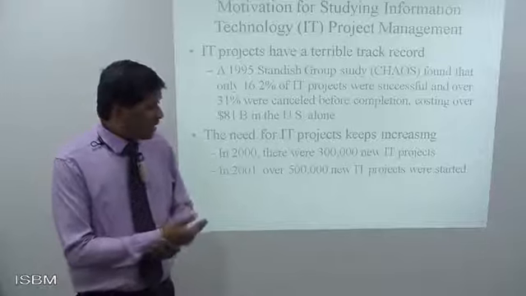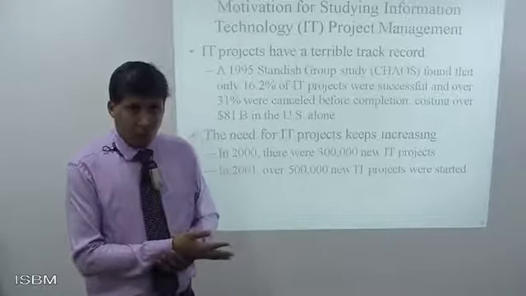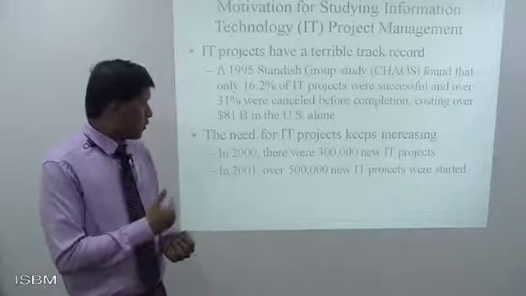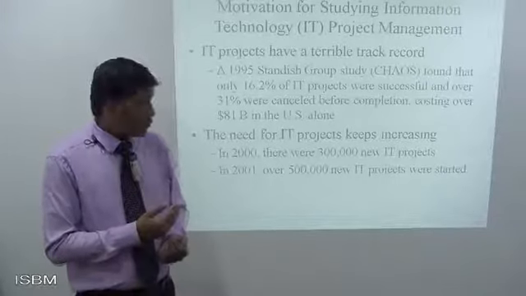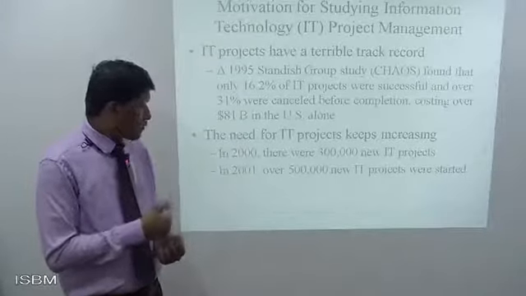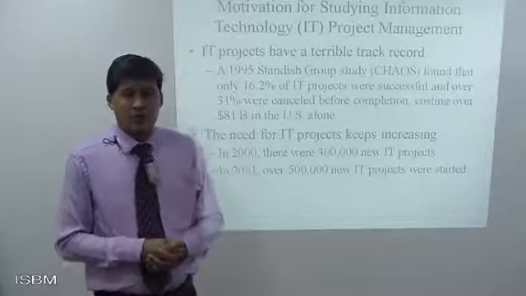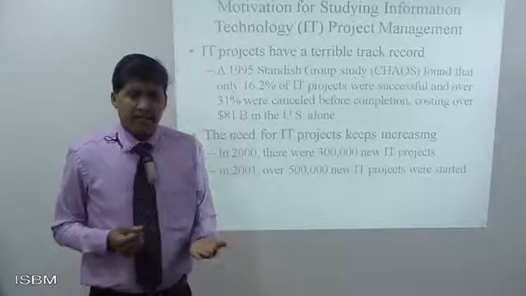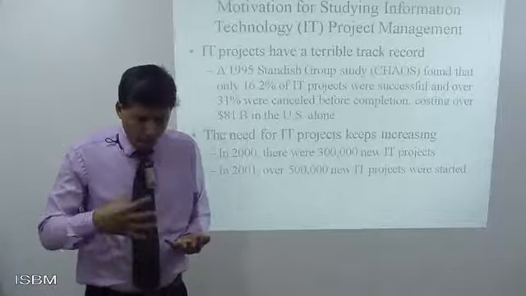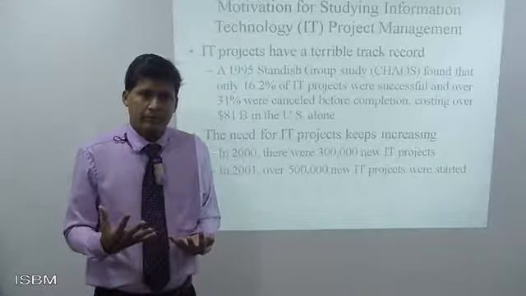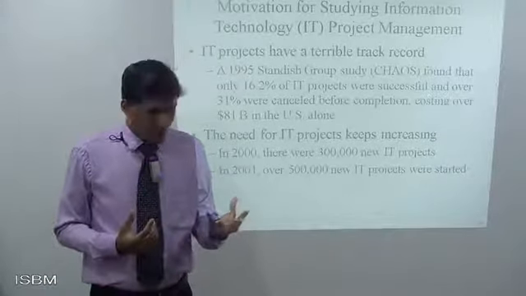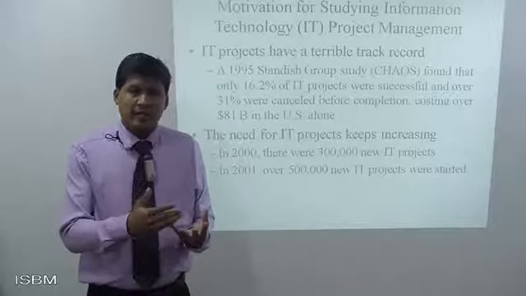The need for IT projects keeps increasing, on the other hand. In 2000, there were 3 lakh new IT projects, and in 2001, over 5 lakh new IT projects were started. So on one side, since the boom of the IT industry, we have a huge thrust when it comes to IT projects.